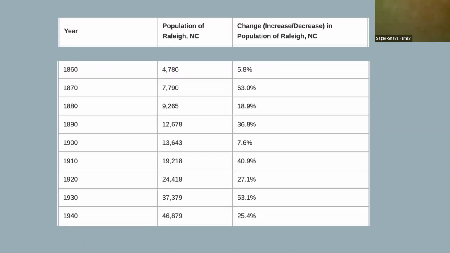This is the only table in the tour, but I wanted to show it to you because the years from about 1880 to 1920 were pretty critical in terms of Raleigh's growth and the growth of Jews in Raleigh. If you'll notice, the growth rate between 1880 and 1900 was only about 7%.